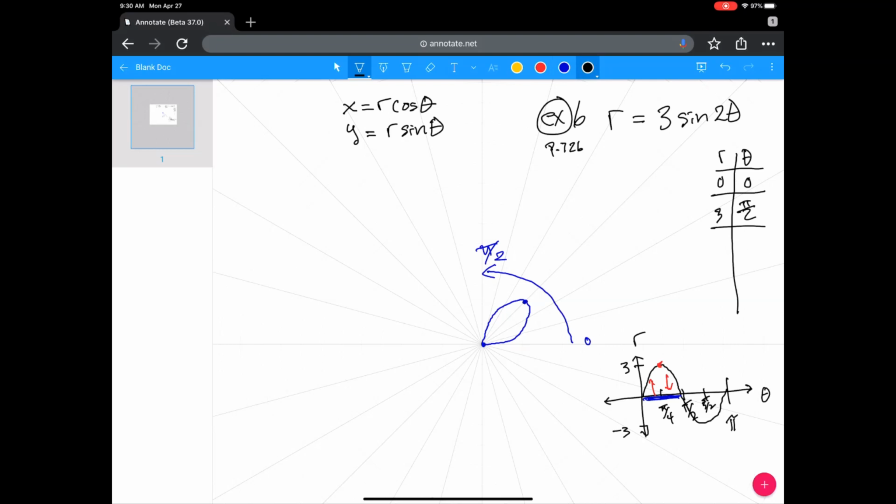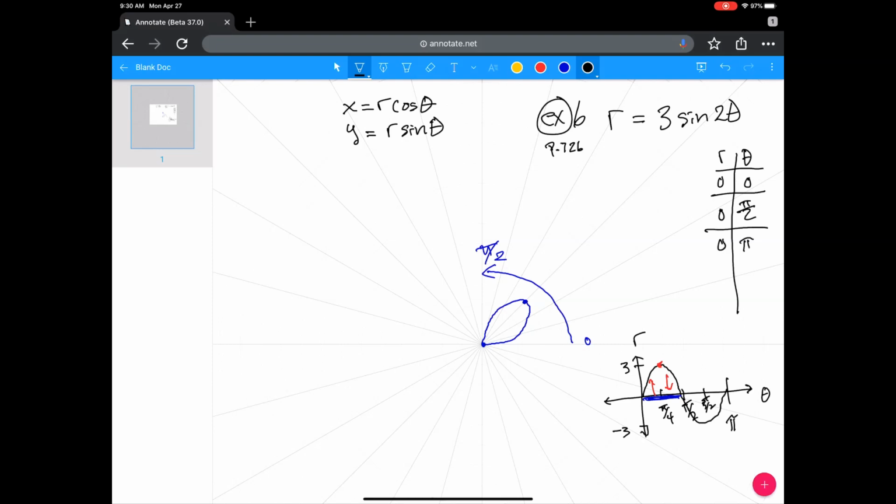So then similarly, as I go from pi over 2 to pi, whoops, that was not right. I went back from 0 back down to 0. Losing all my points here. So then as I go from pi over 2 to pi, it's going to go back down to 0 again.